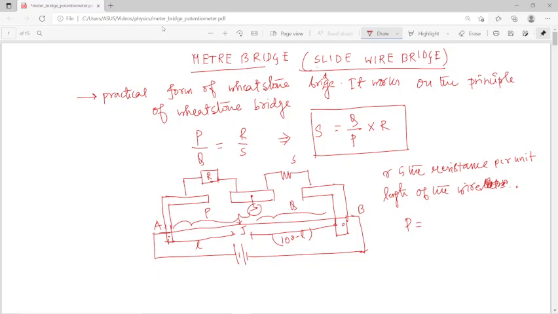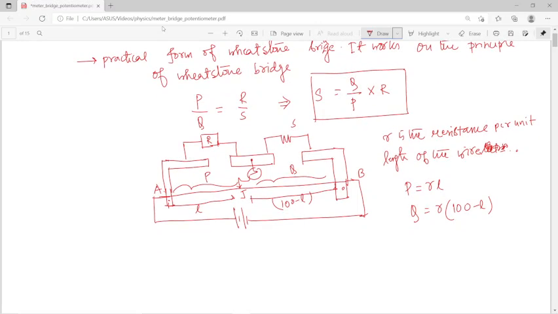So if r is the resistance per unit length, then P is r multiplied by L, and Q is r multiplied by (100 minus L), because the total length is 100 centimeter. Because the galvanometer shows no deflection, the Wheatstone bridge is balanced.